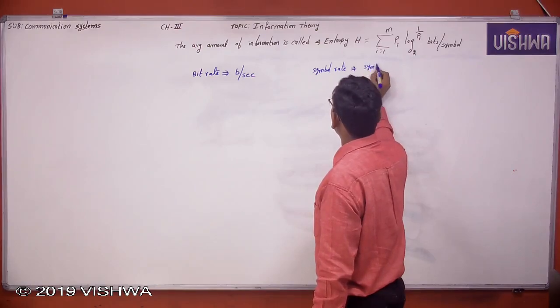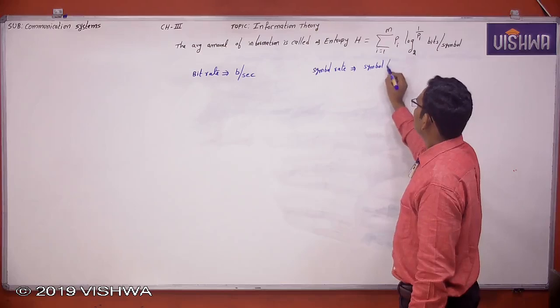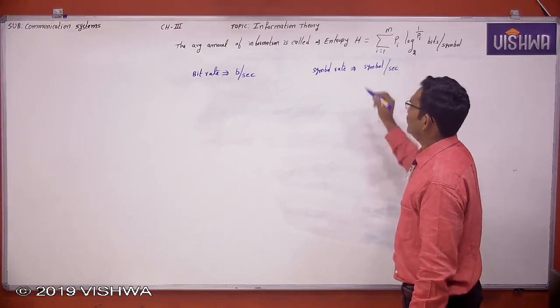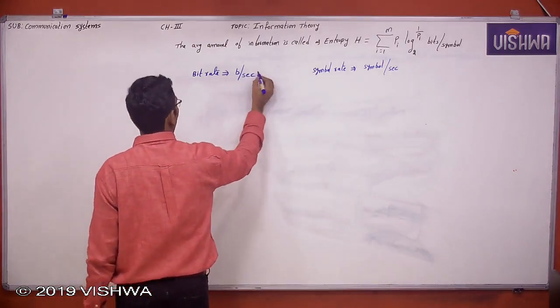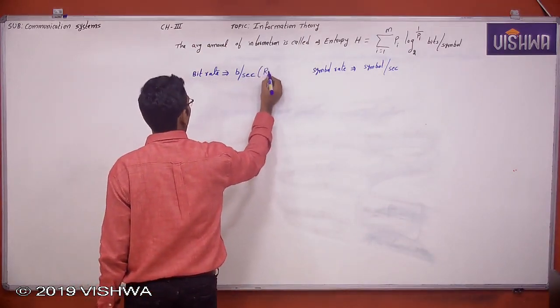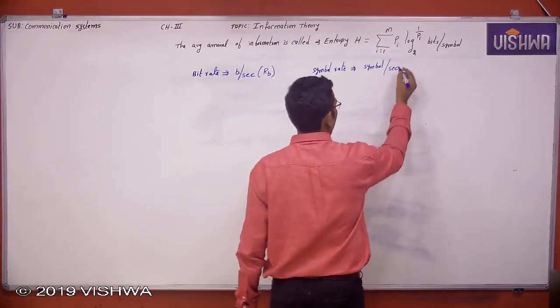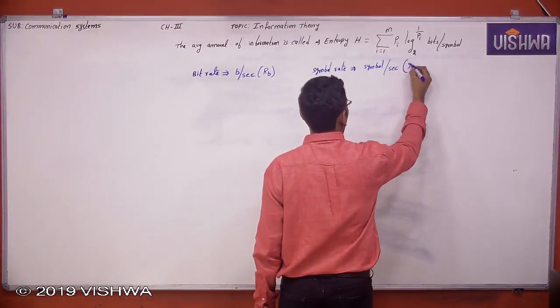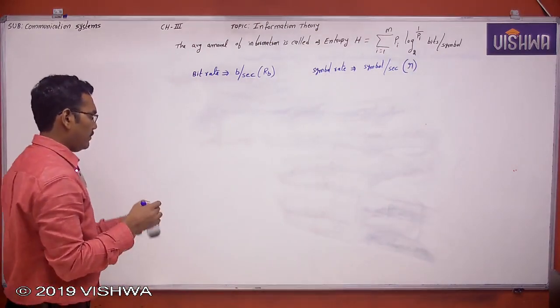The number of bits generated per second is called the bit rate, represented by RB. The number of symbols generated per second is called the symbol rate, represented by small r.